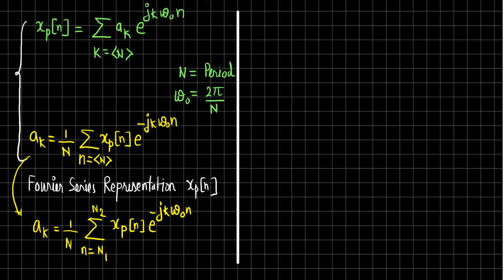So let me write that x_p of n is equal to x of n between n1 to n2.